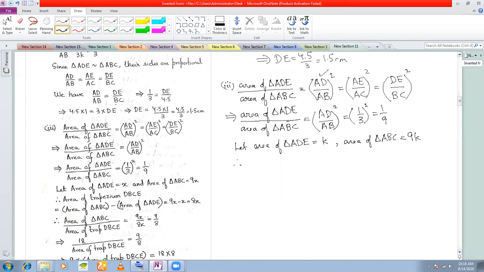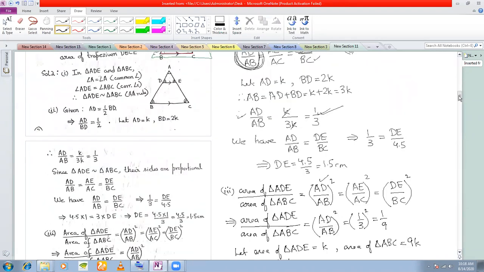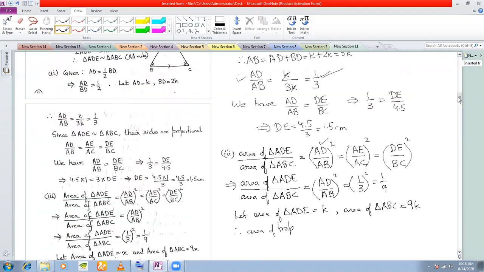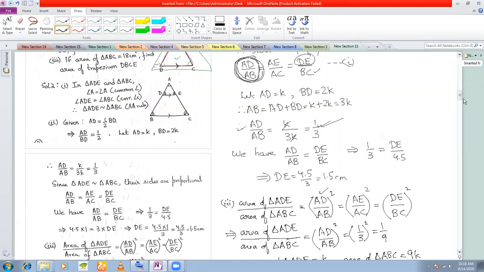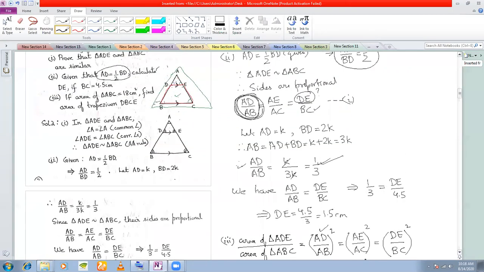Therefore, what is the area of the trapezium DBCE? This red trapezium. It is equal to the area of the big triangle minus the area of the small triangle, right?